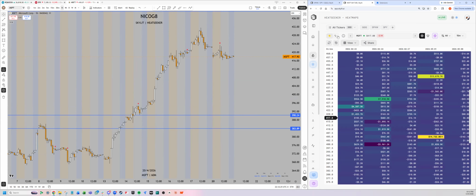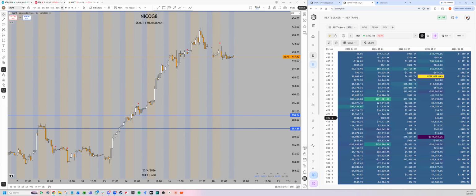I don't know if I'd long Microsoft at 425. The safe thing to do is see if Microsoft retests 400, 405 next week and long off that. But I guess if we break and retest 425, you could long off that.